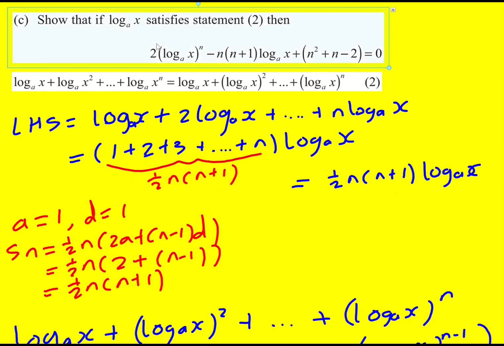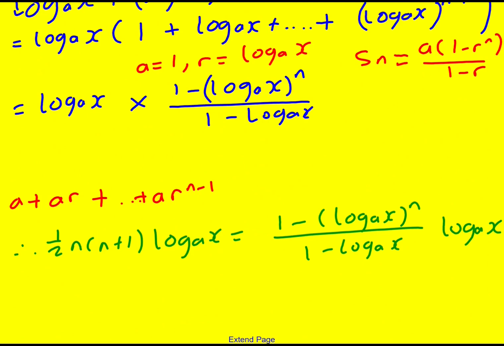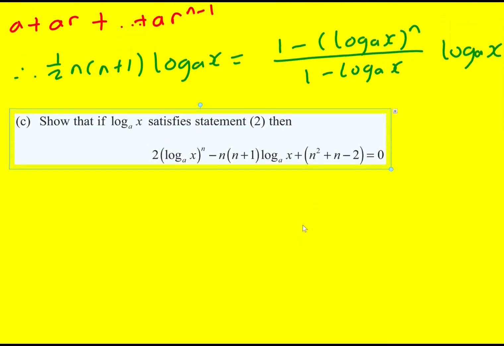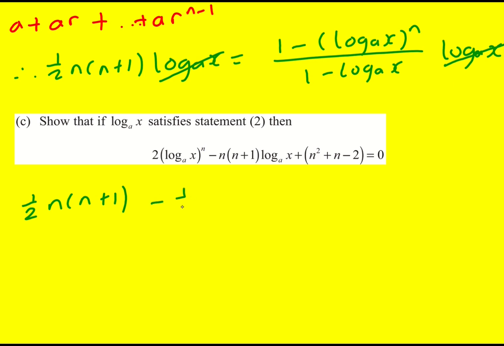Now let's just remember what we're trying to get to. So I can cancel out these, and then I'm going to multiply through by 1 minus log to base a of x. Therefore, a half n plus 1 times 1 minus log to base a of x, which is going to become this.